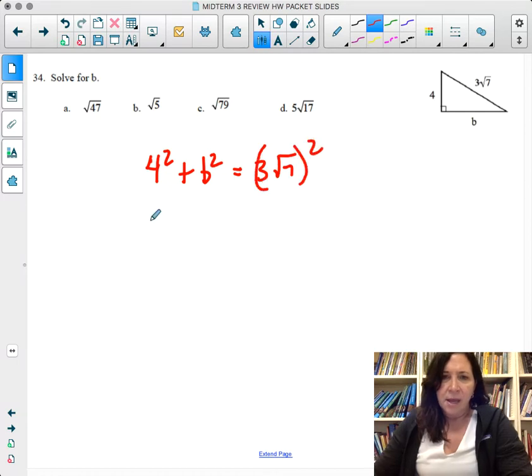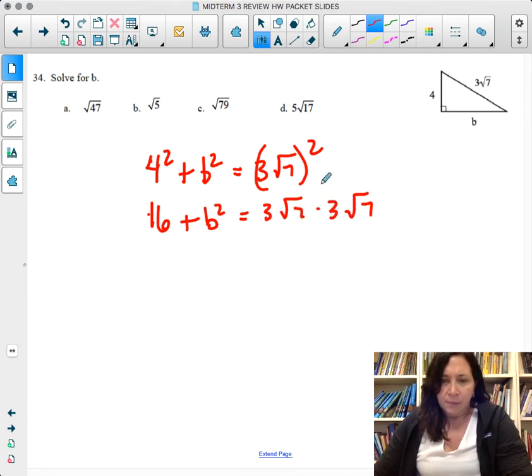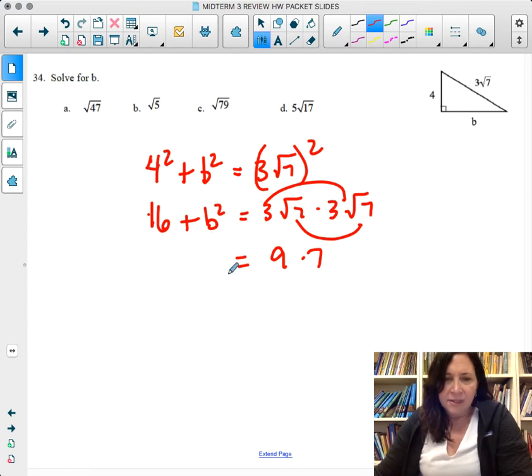So that's 16 plus b squared equals 3 root 7 times 3 root 7. 3 times 3 is 9, times 7 is 63. So we have 16 plus b squared is equal to 63.